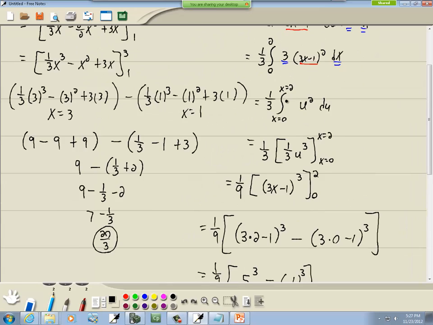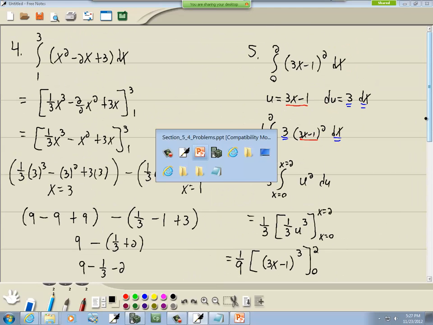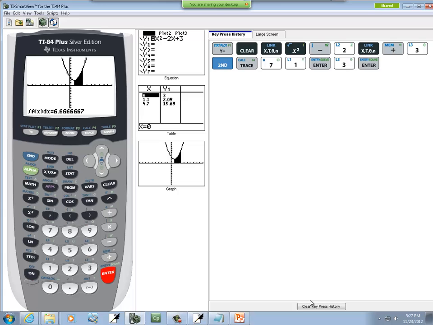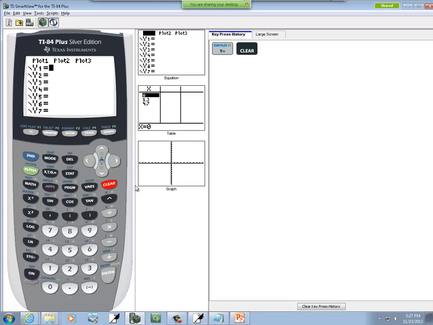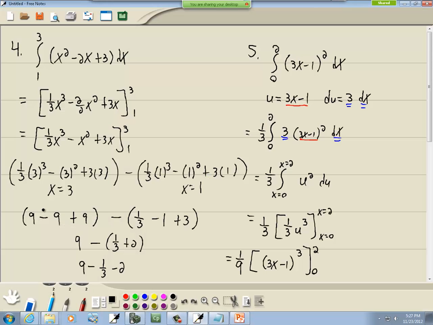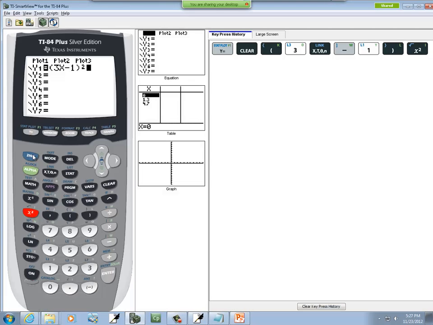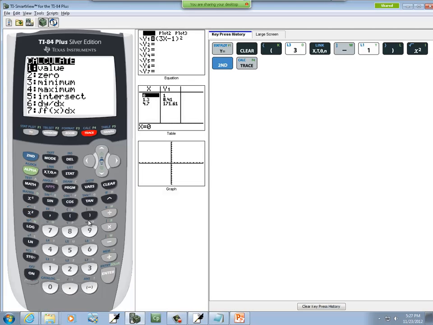Now, let's plug this in the calculator and kind of check myself. I'm not always greatest at basic math. Okay, do y equals clear. Do beginning parentheses 3x minus 1 closing parentheses squared from 0 to 2. So I do second trace, choose the integral one.